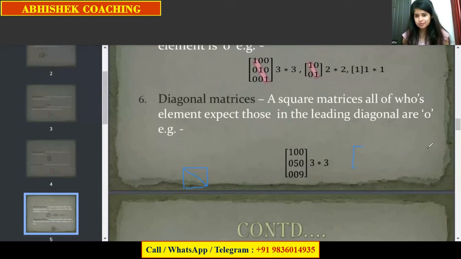In a matrix other than a square matrix, it will be like this, so we can't predict a clear diagonal. It will not join one corner to the other corner. So the diagonal matrix and identity matrix exist in the square matrix. Clear?